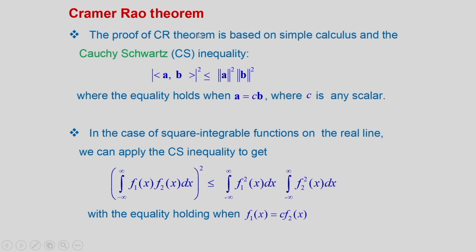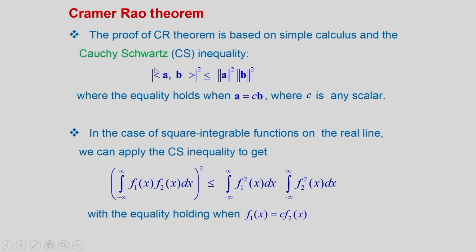We will try to prove this theorem. The proof of the theorem is based on simple calculus and the Cauchy-Schwarz inequality. That is a very important inequality. We have discussed about this earlier, and this inequality is given by inner product.